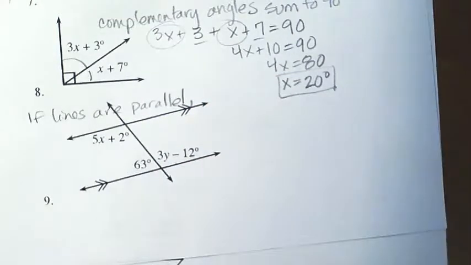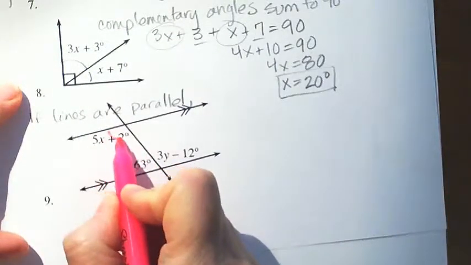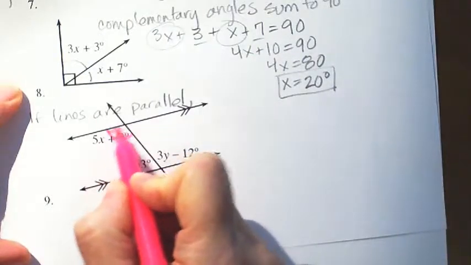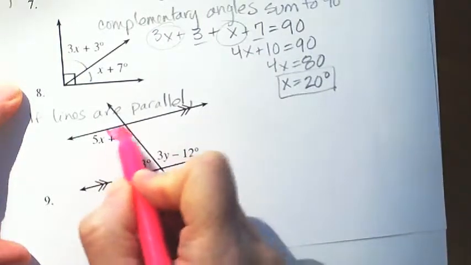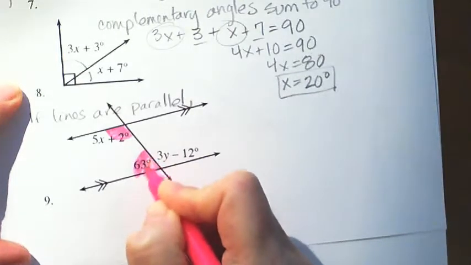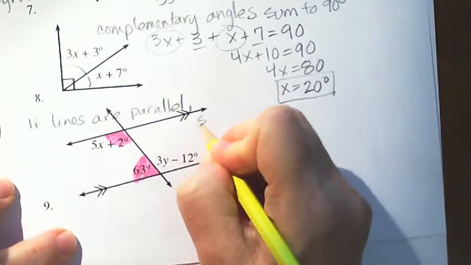Then let's look at what we have. We've got these two angles here. Now there's a lot that I could say, but I'm just going to stick with what is going to benefit us. These two angles here are, do you remember what they're called?